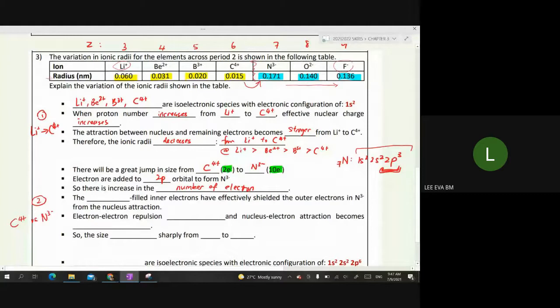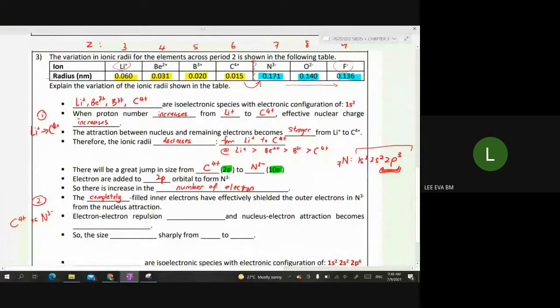Completely filled, because you have already added electrons inside your 2p. So now 2s2, 2p6 is completely filled.